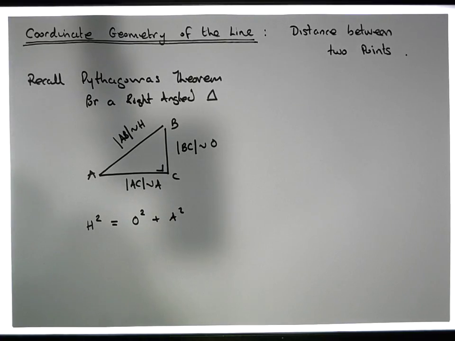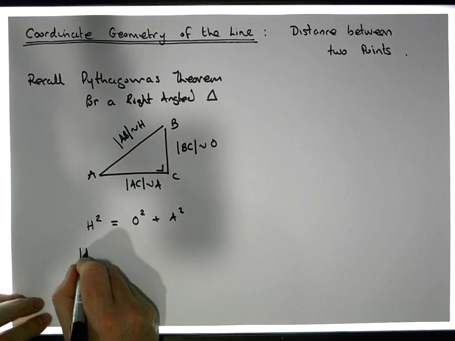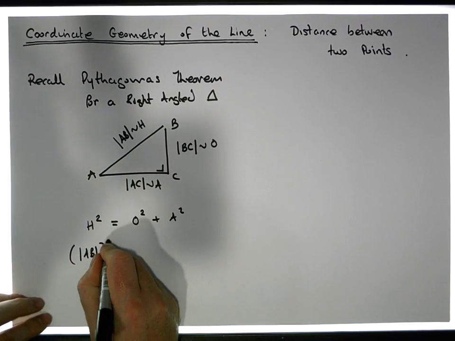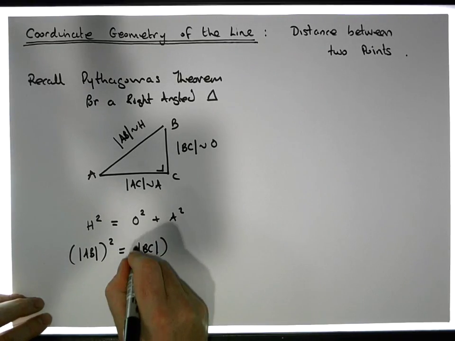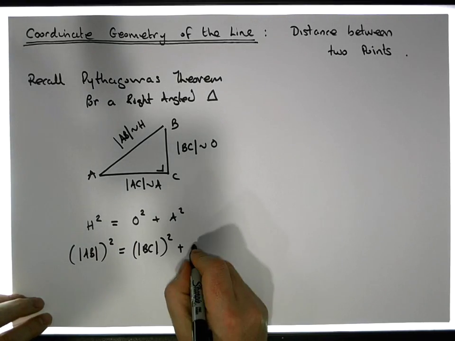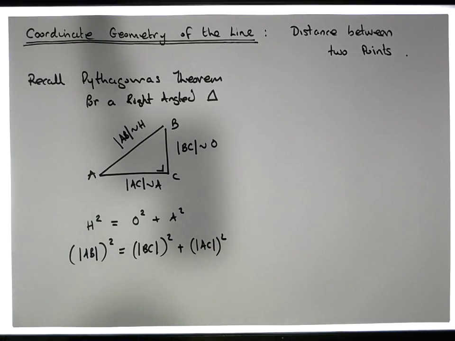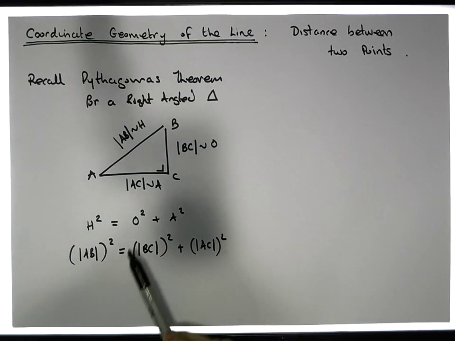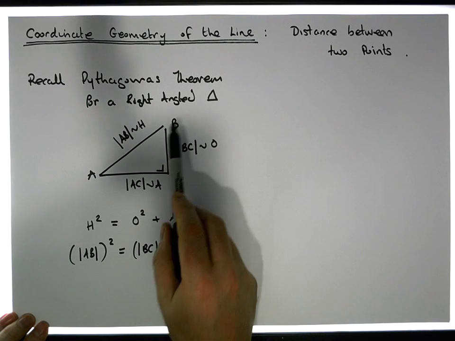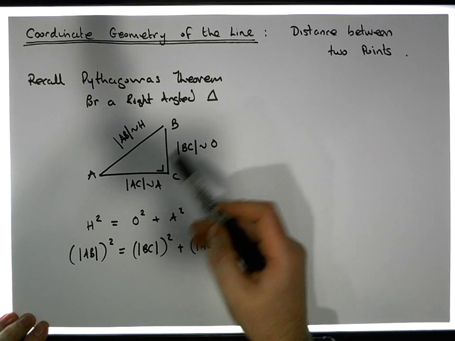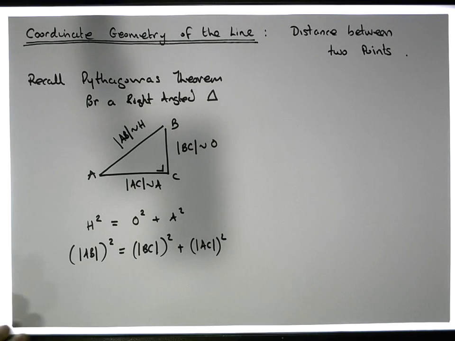From a line segment perspective, the length AB squared is the same as the length BC squared plus the length AC squared. That's the Pythagorean theorem. It allows us to calculate the length of the hypotenuse, or any side in a right angle triangle. Given the two other sides, we can always find the third side.